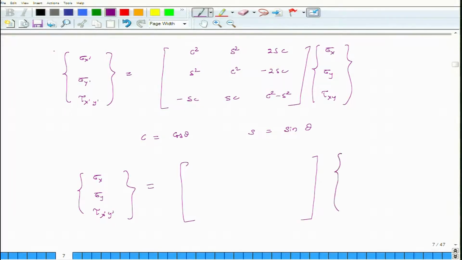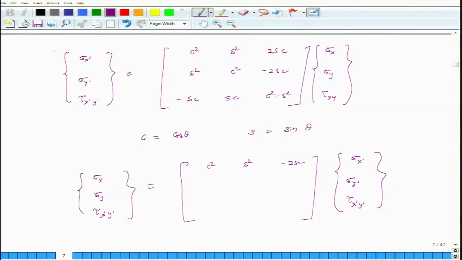So, the transformation matrix, this is sigma x prime, sigma y prime, tau x prime y prime, and this is c square, s square, 2sc becomes minus 2sc, because theta becomes minus theta.